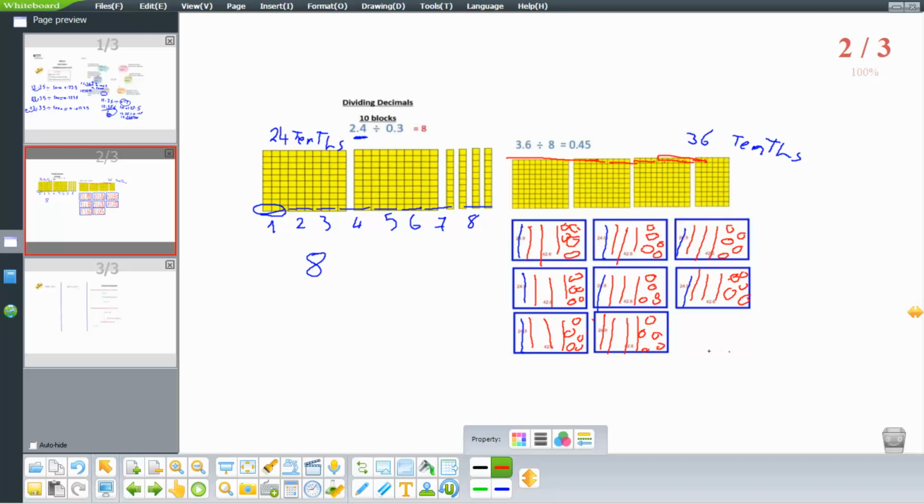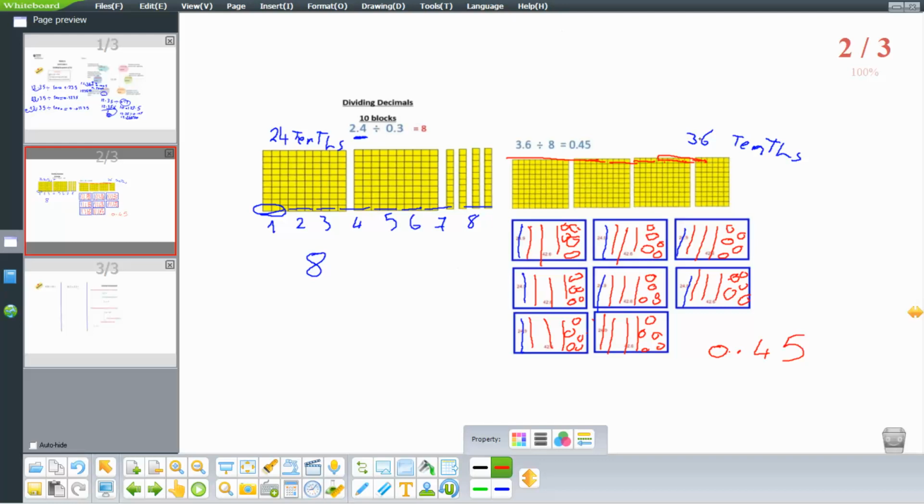Okay, and the answer will be 0.45, because each house has 4 tenths and 5 small units, so it will be 0.45.